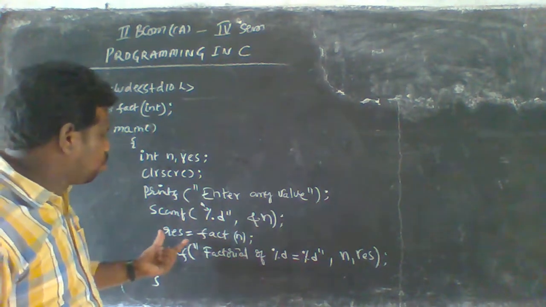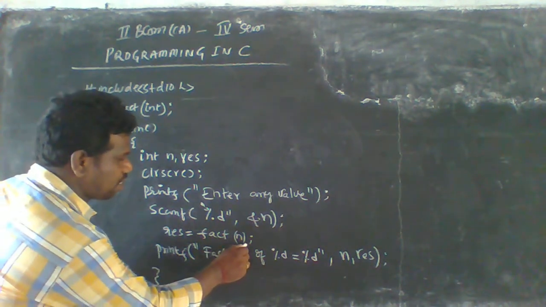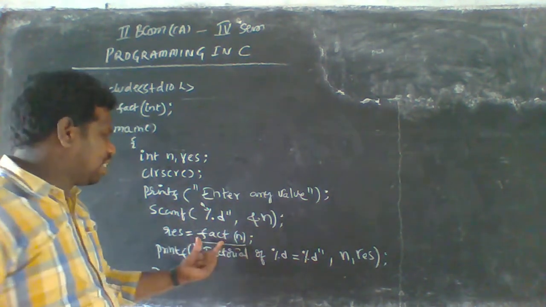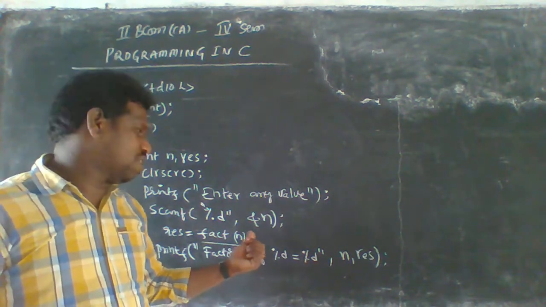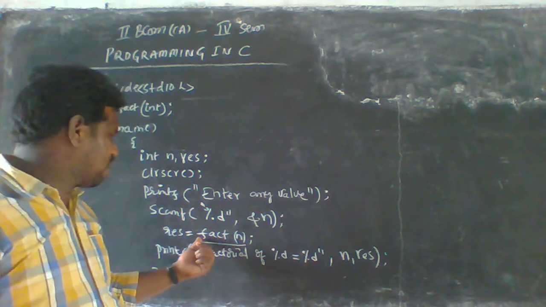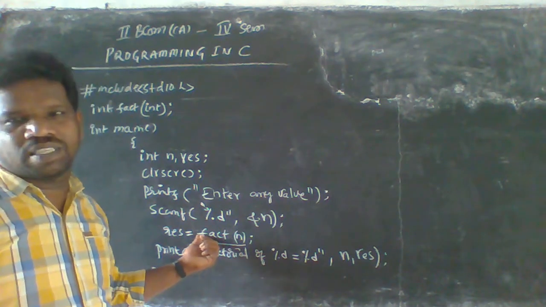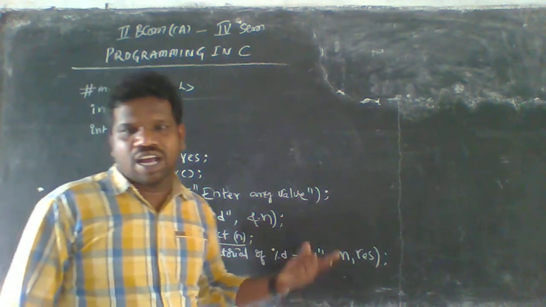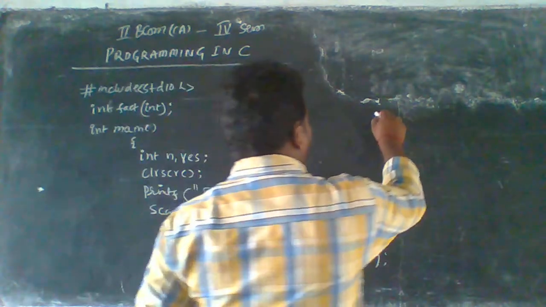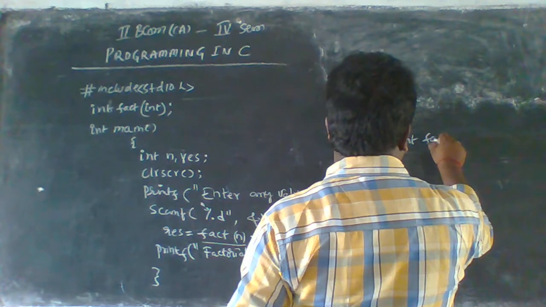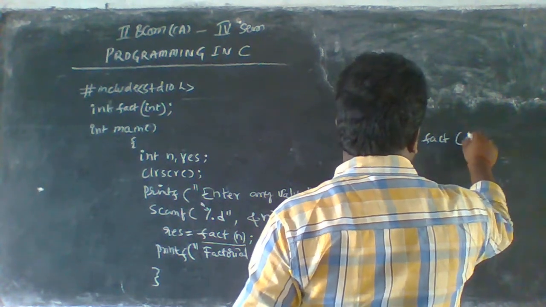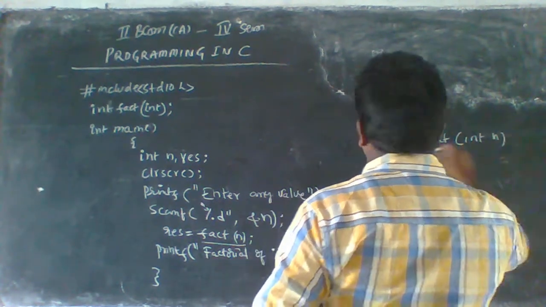So you have to specify this function. This function is named fact, and it contains the factorial value, the n value, and it returns an integer value.